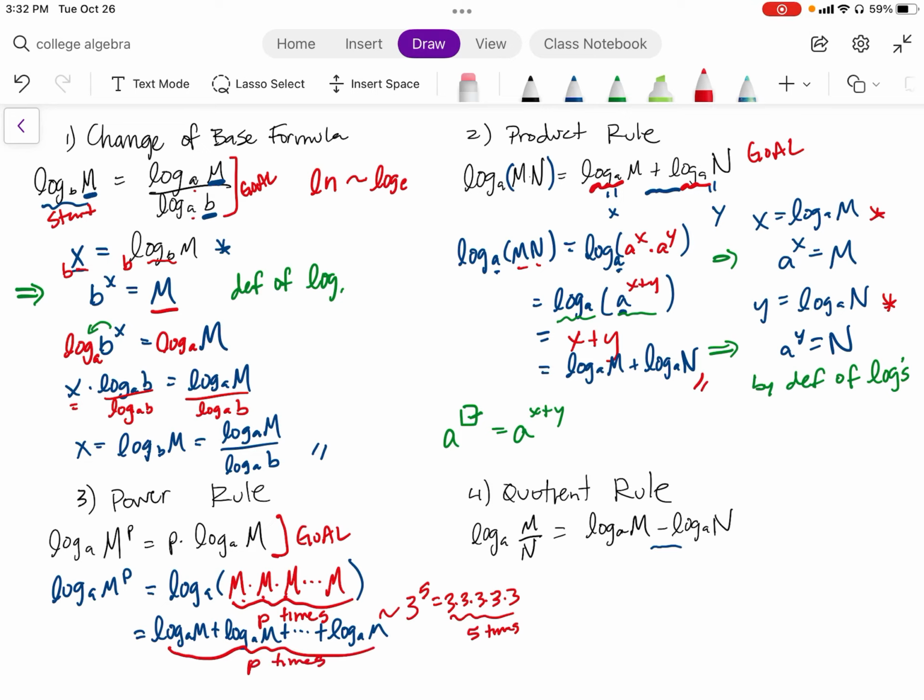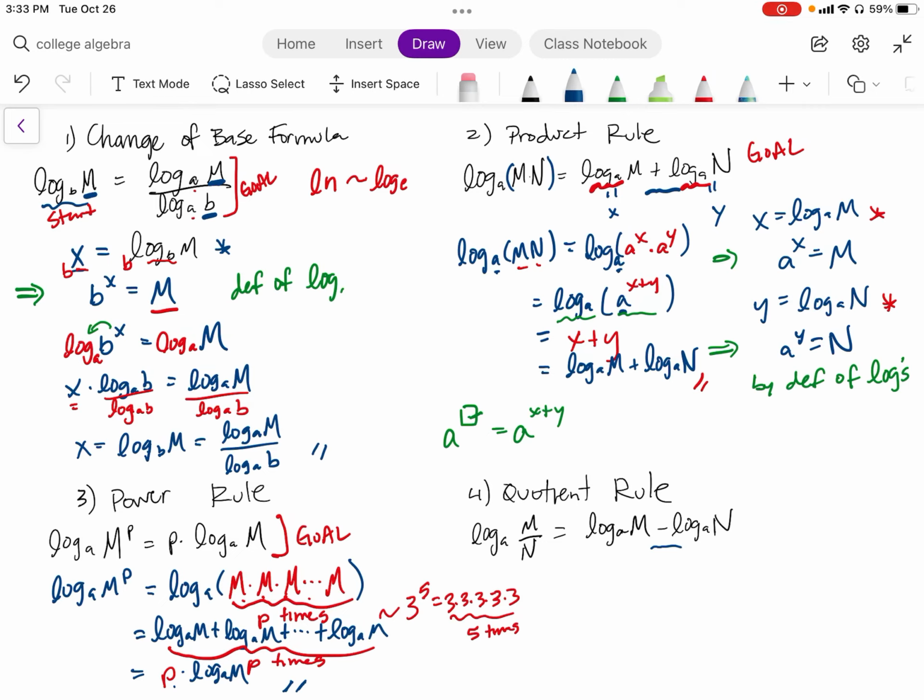I have p m's there, so I have p additions. Well, repeated addition is equivalent to multiplication. So if I'm taking this number p times, then I have p multiplied by log am, right? Say I had 5 of them, then I have 5 times log am. I don't know how many I have, p, but I'm done. By the way, this little square thing means I'm done with what I was trying to show. Okay, my proof is complete.